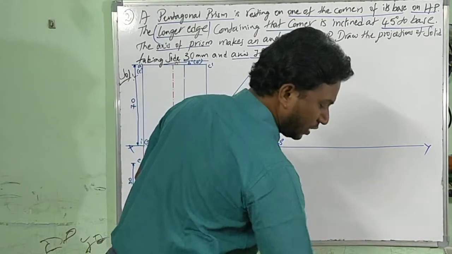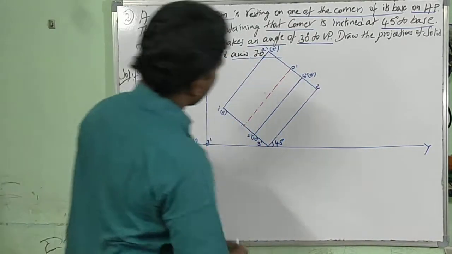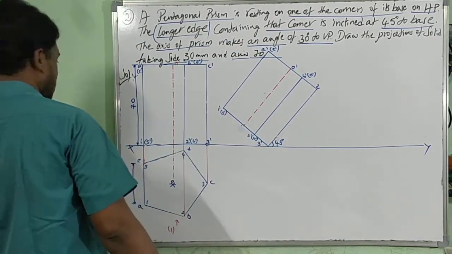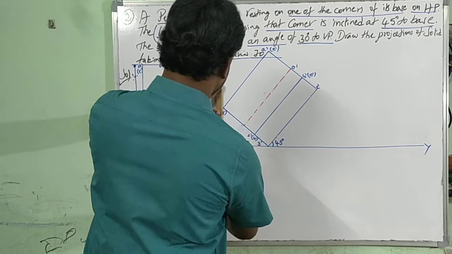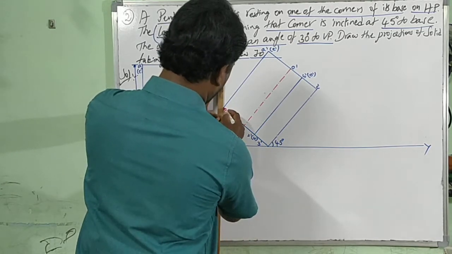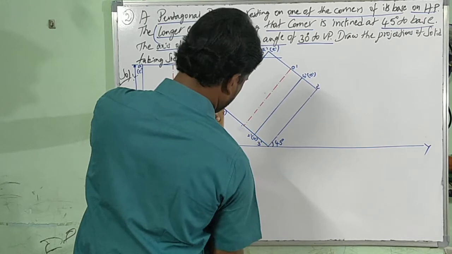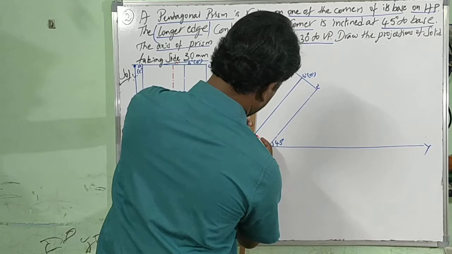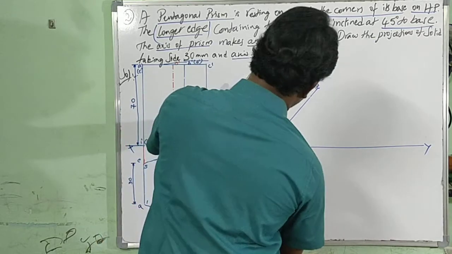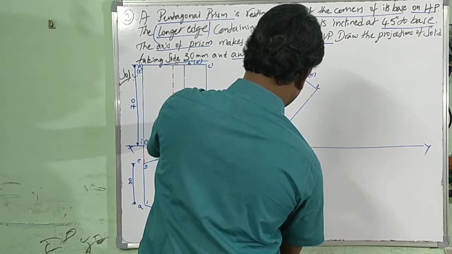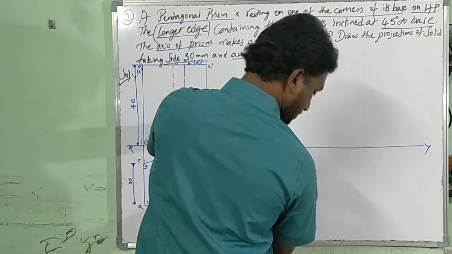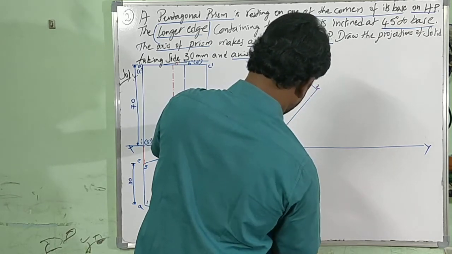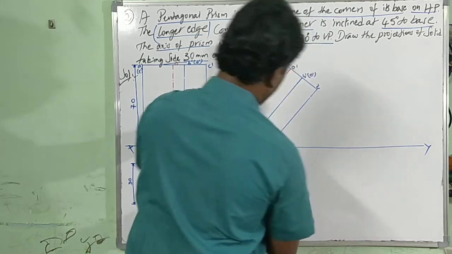Now from here what you are supposed to do is draw, after drawing 45 degrees, vertical projectors right from the base, whatever I can draw from 1, 2, 3 dash, 4 dash, 5 dash.